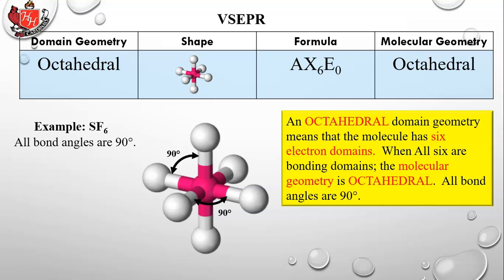When all 6 are bonding domains, the molecular geometry is called octahedral. All bonds are at 90 degrees. So it doesn't really matter which ones you call equatorial and which ones you call axial. You could turn any one of those terminal atoms up to the top and the molecule would look exactly the same. Everything's 90 degrees. Okay, so all bond angles are 90 degrees.